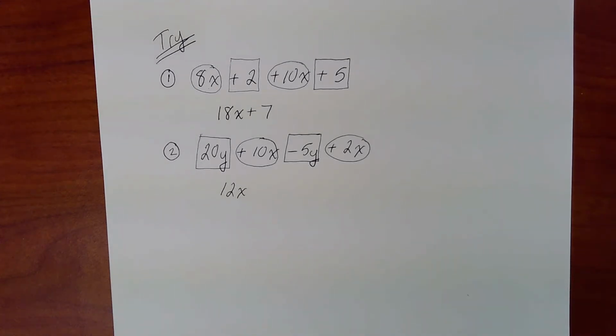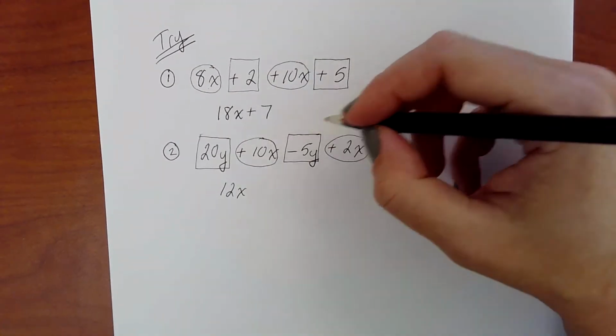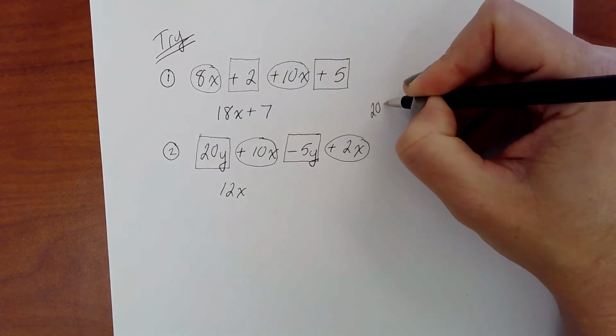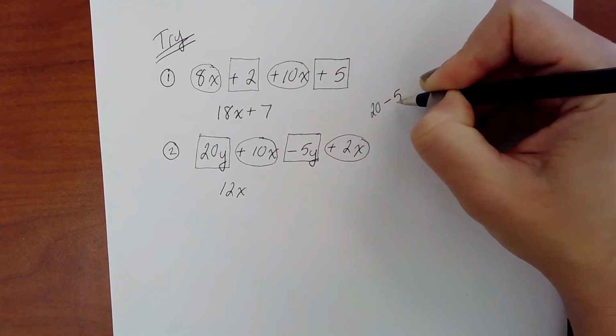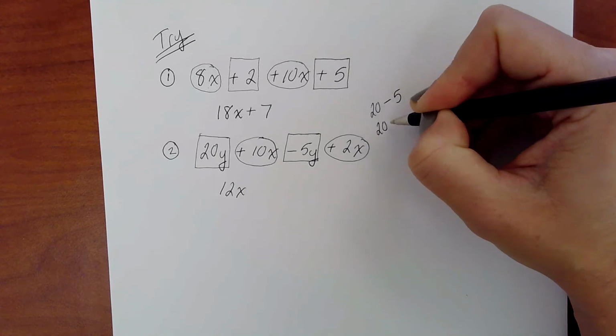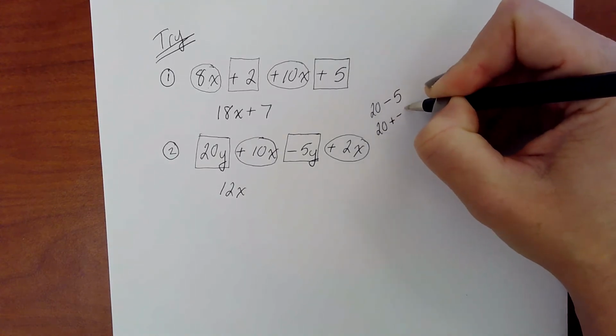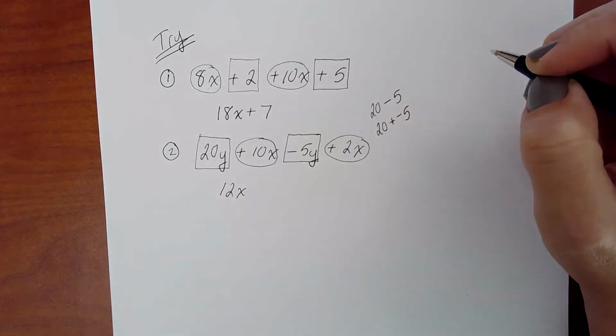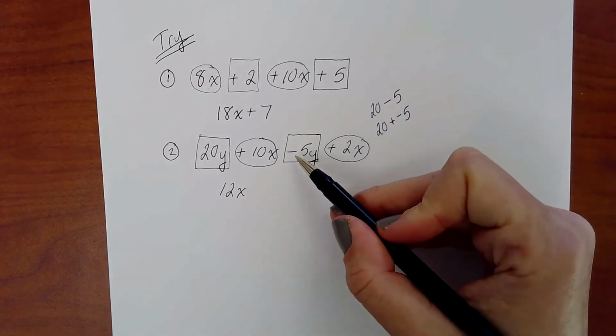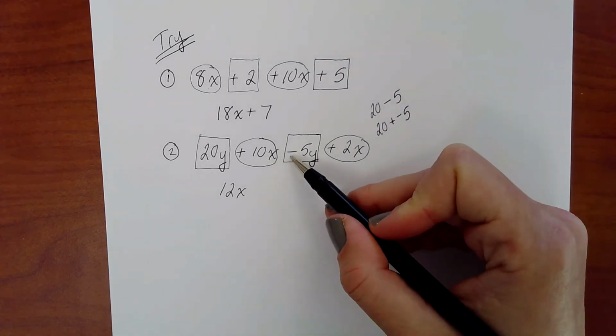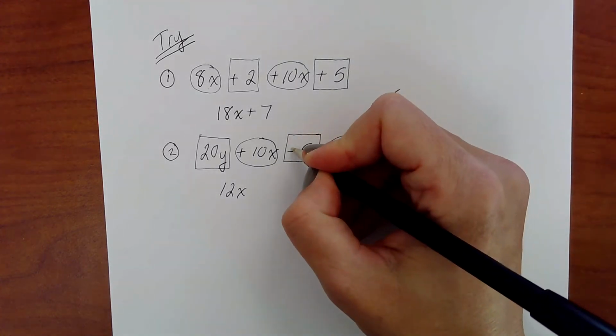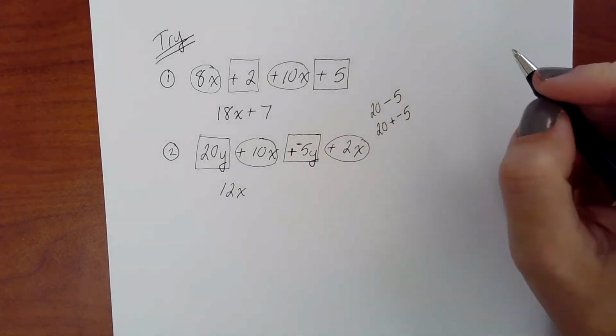Why is that my answer? Basically because of keep, change, change. Because, remember when we did keep, change, change? If I did 20 minus 5, that's the same as 20 plus a negative 5 because of keep, change, change. So really, anytime there's a minus sign, you can think of it as plus a negative.